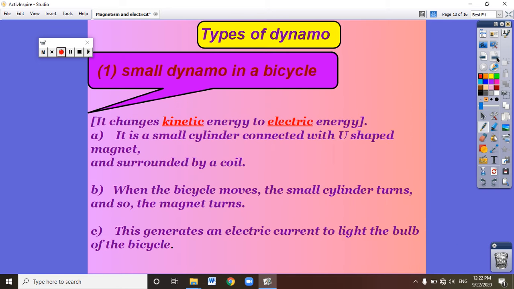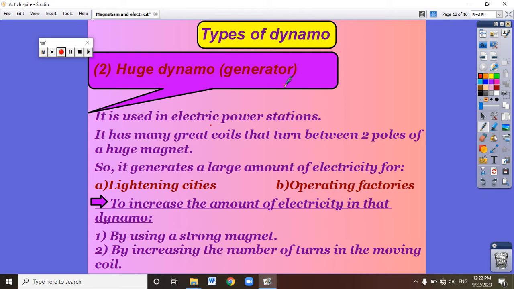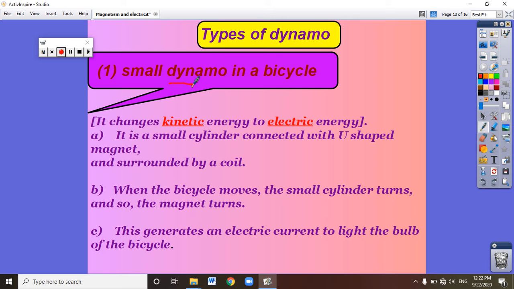So we have two types of dynamo, small dynamo and huge dynamo. Both of them change the kinetic energy into electric energy. Kinetic energy into what? Into electric energy.